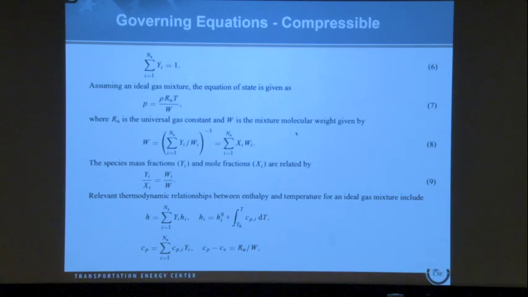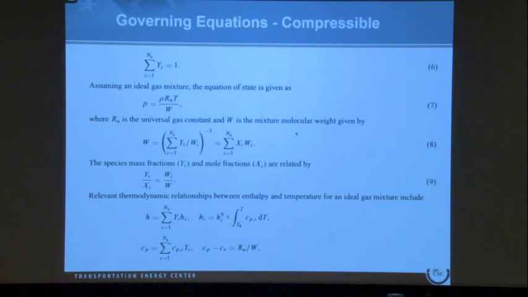We typically deal with an ideal gas, perfect gas mixture, where in the equation of state pressure is related to density and temperature through the mixture molecular weight. And the species mass fractions, Y_i, and the mole fractions, X_i, are related by the ratio of the species molecular weight to the mixture molecular weight.